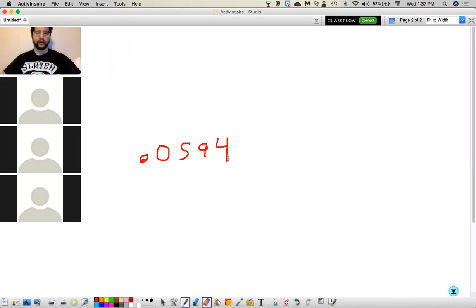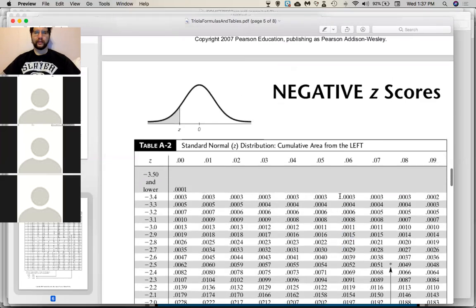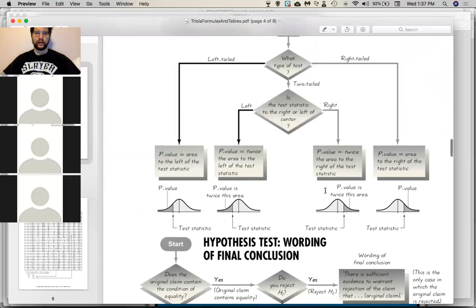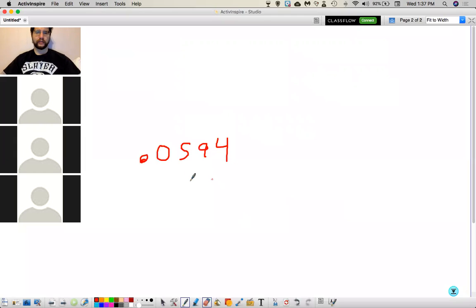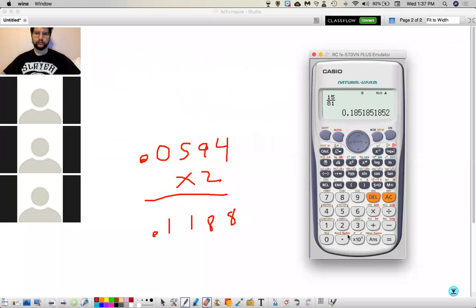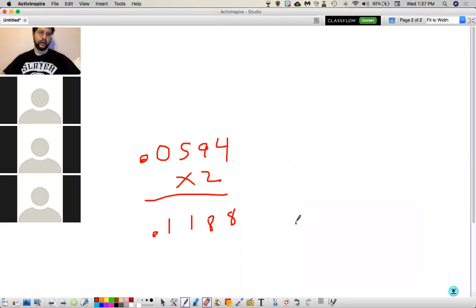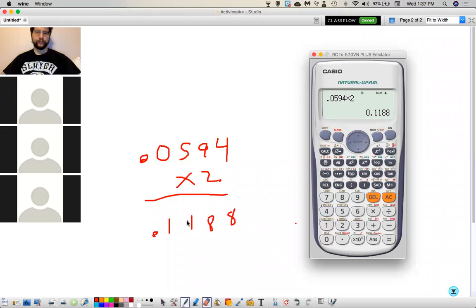However, if we go back and read, we have to do twice the area to the left. So we're going to do this times 2. It's going to be 0.1188, I think. Yeah, 0.1188. So that would be our p-value.